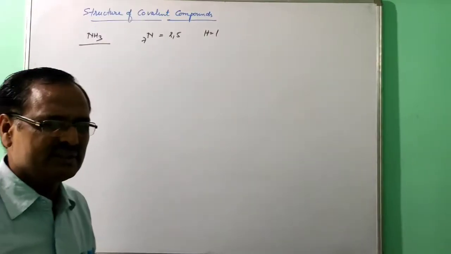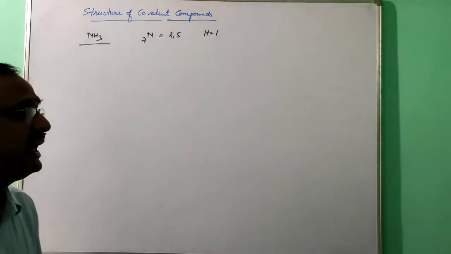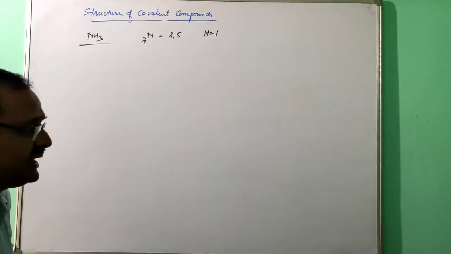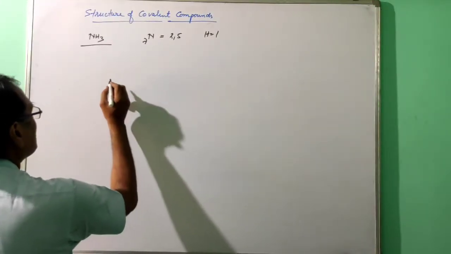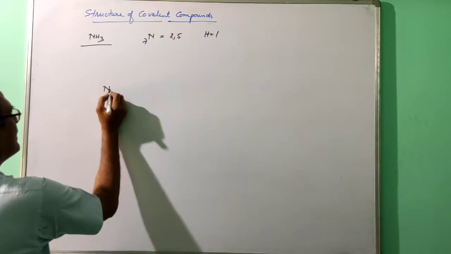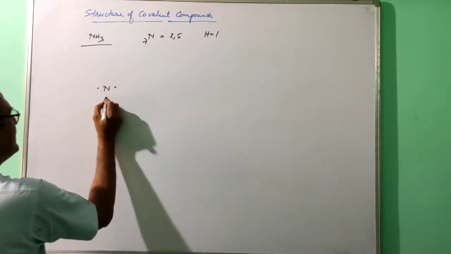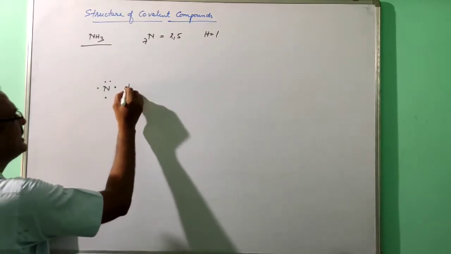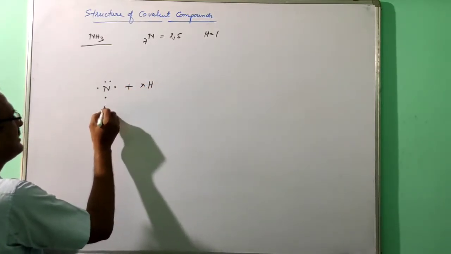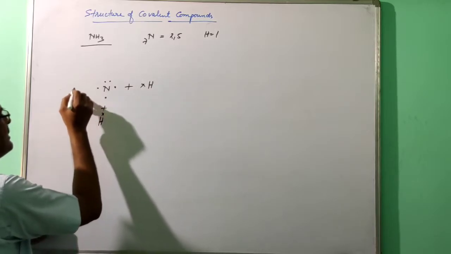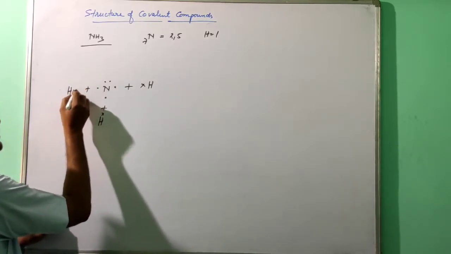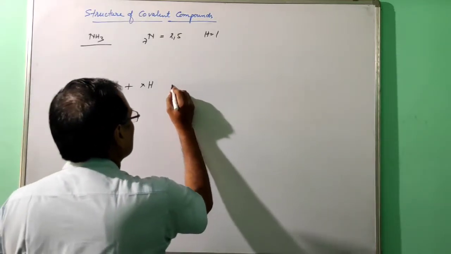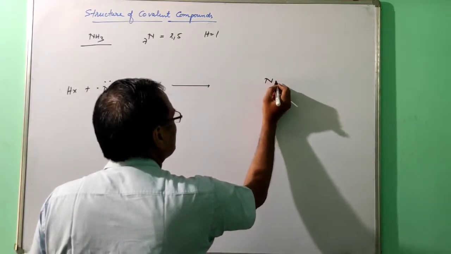So this nitrogen shares 3 pairs of electrons and 3 hydrogen atoms are there. So one electron will be shared by each of the 3 hydrogen atoms. So nitrogen, you see, has 3 electrons here and 2 electrons here, 5 electrons. And then hydrogen 1 electron. So this hydrogen will complete the duplet and nitrogen will complete the octet.